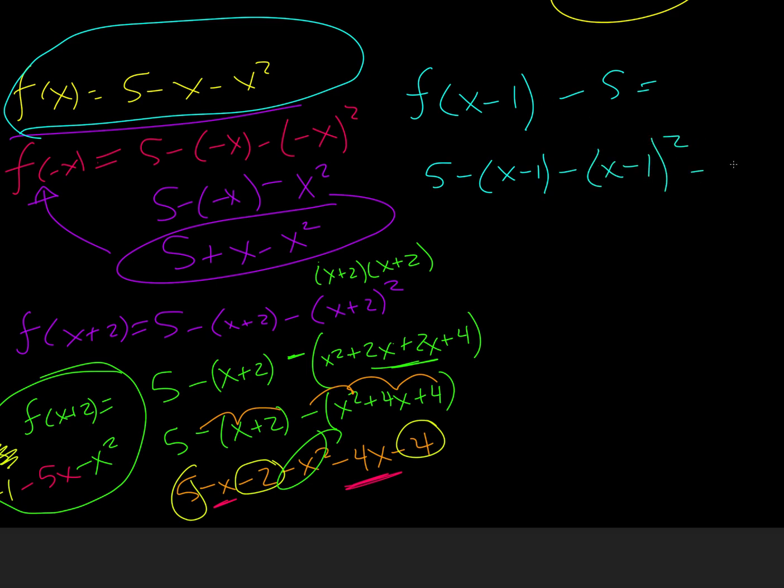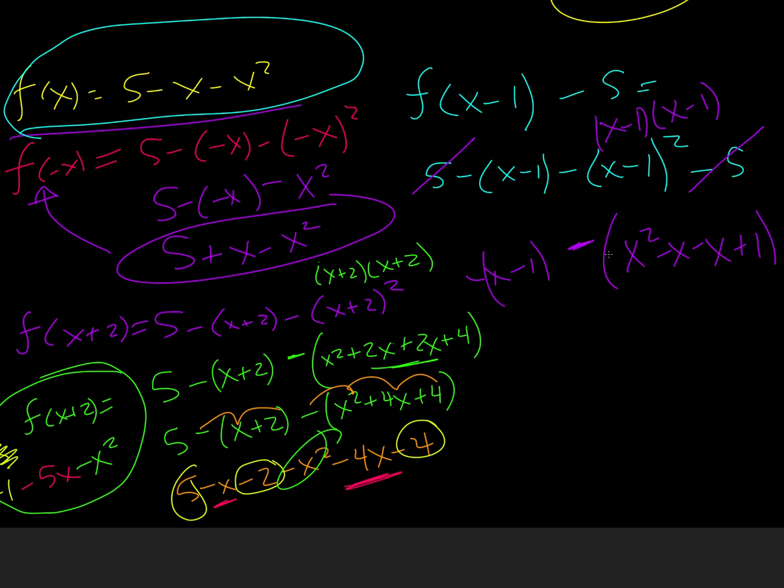And then we just subtract 5 at the end. Okay, so that subtract 5 actually makes that a little bit easier because those two just cancel. Now I'm going to square this. So I'm going to think of it as x minus 1 times x minus 1. So I have my negative sign, and I get x squared minus x plus 1. And then I still have my negative x minus 1, like that.